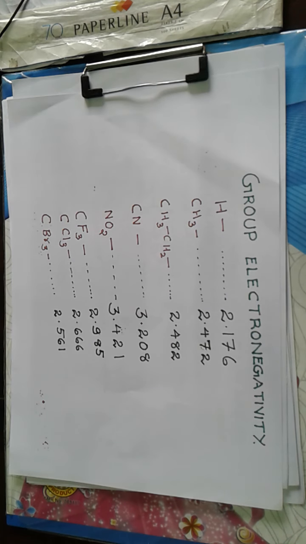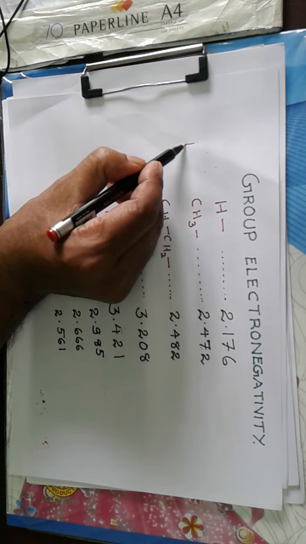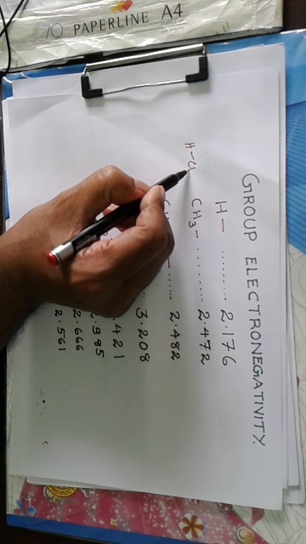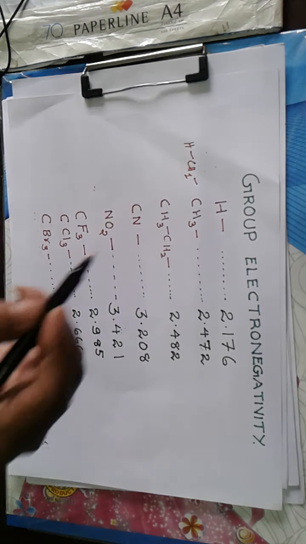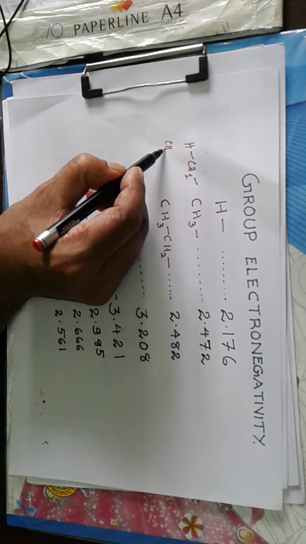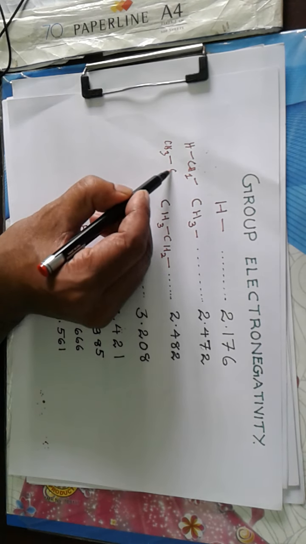So the methyl group may be split into H and CH2, and the ethyl group into CH3 and CH2.